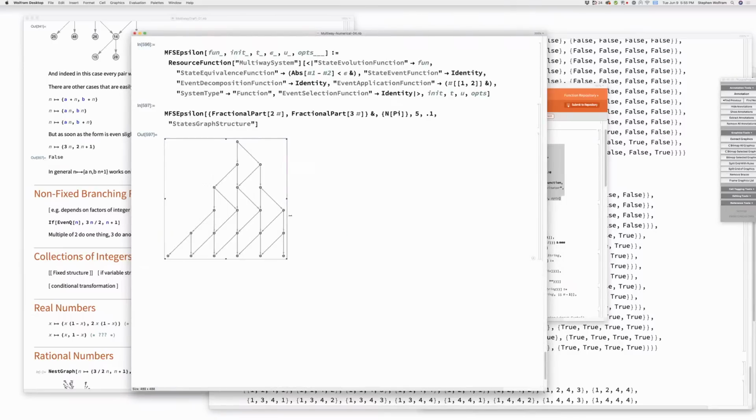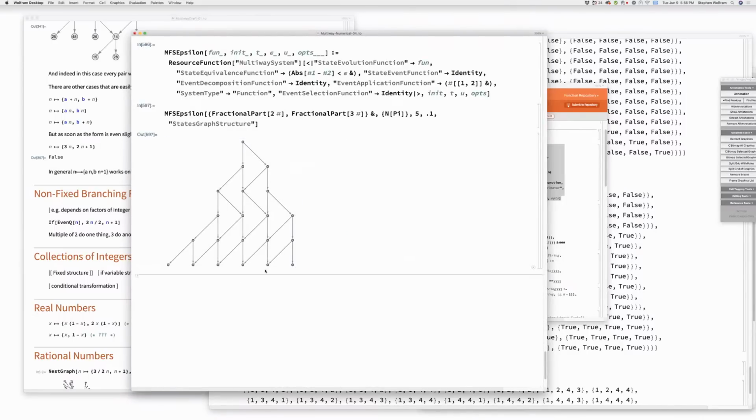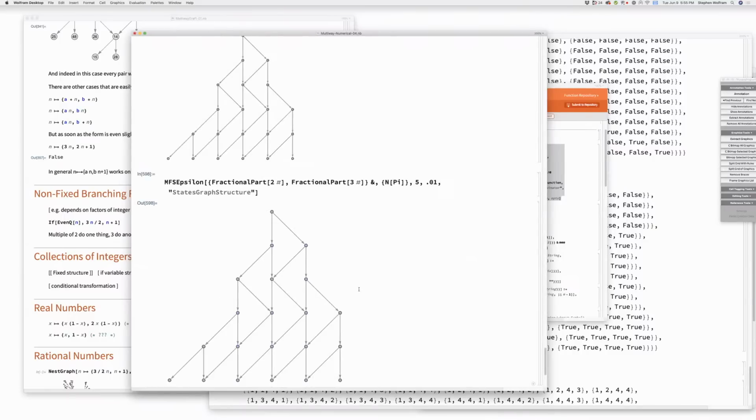Oh, okay. So that is a very causal invariant thing. So as we go down here to 0.01, no, something's gone wrong here. There's no way these things are equivalent anymore.